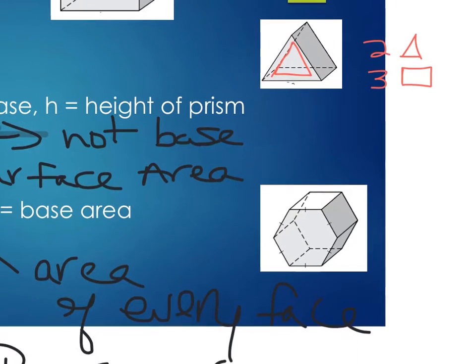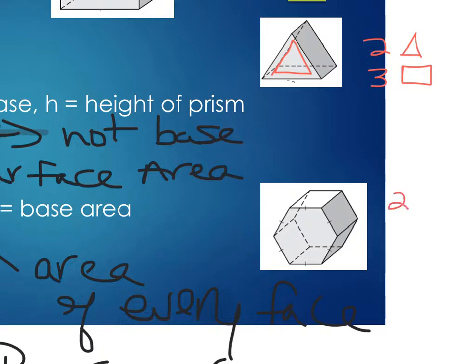In the case of the hexagonal prism, we have 2 hexagons, and then we have the 6 parallelograms or 6 rectangles around the sides. And you would find the areas of all of those.